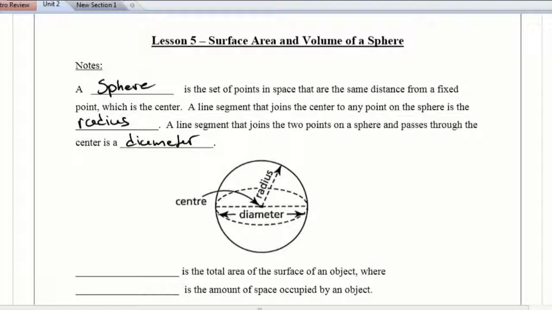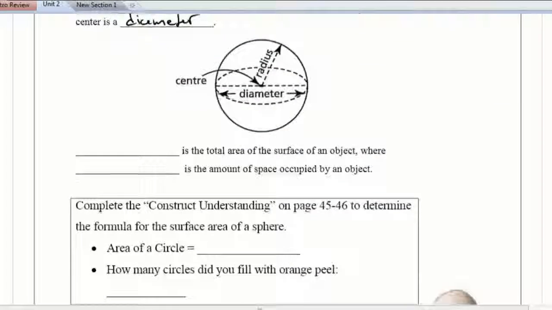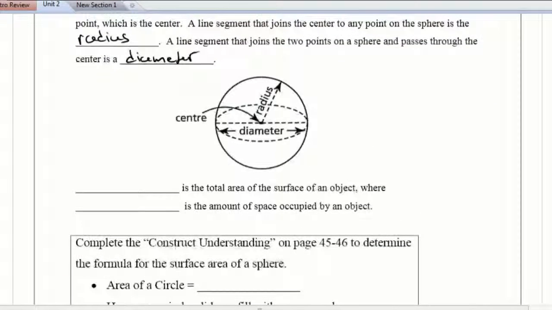If it doesn't go through the center, it's called a chord, which we'll eventually talk about. So the two things we're concerned with, as you probably have guessed, surface area is the total area on the surface, where volume is how much space it occupies.